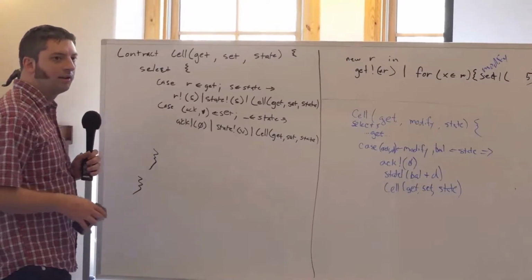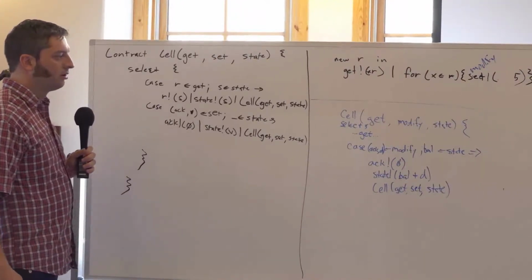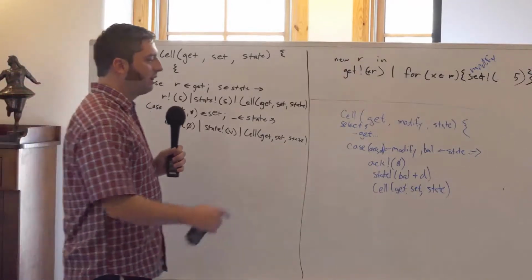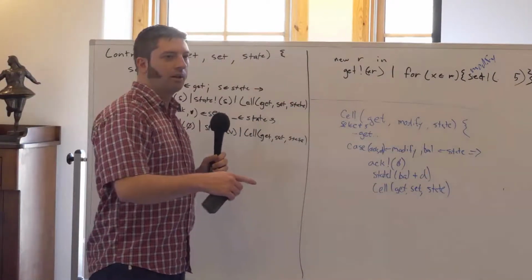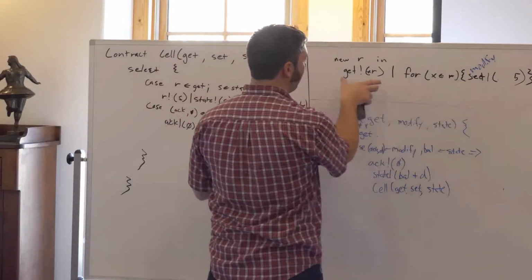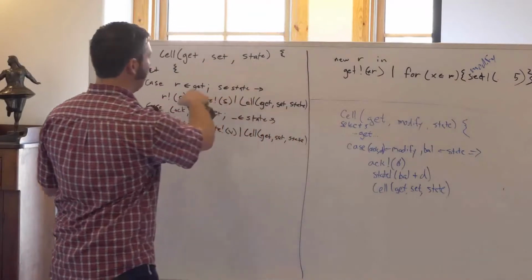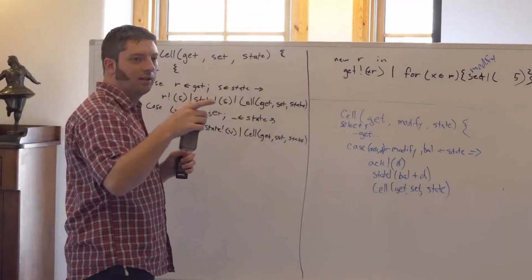So in this one, do you not get the lost update because successive editions commute with each other? You don't get the lost update because the update occurs while the state is unavailable. Like in here, after the get, the value is put back in the state, and so somebody else can read it.